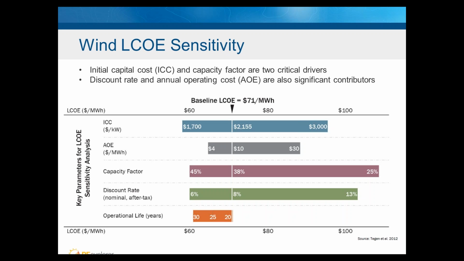Discount rate and annual operating costs are also significant contributors. So again, if you want to look at the details of this study, there's a source and reference at the bottom to check it out.